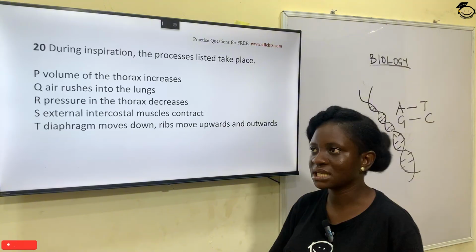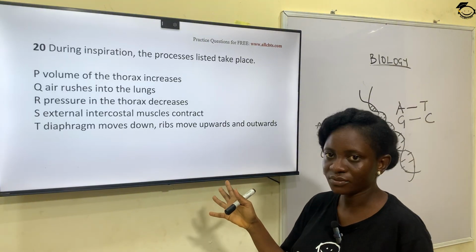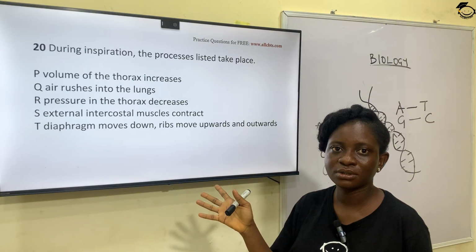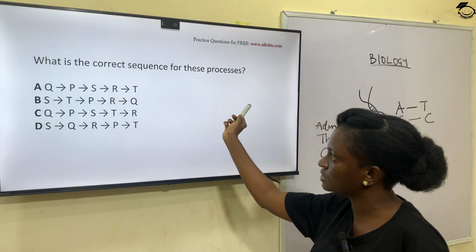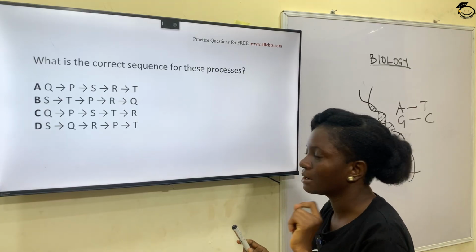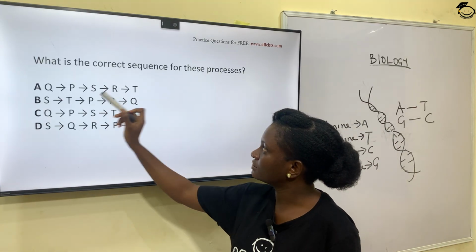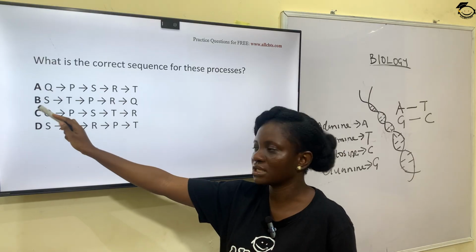All right, let's see the options provided. Option A, what is the correct sequence of this process? We said STPRQ. So from the options provided, option B is the correct answer.